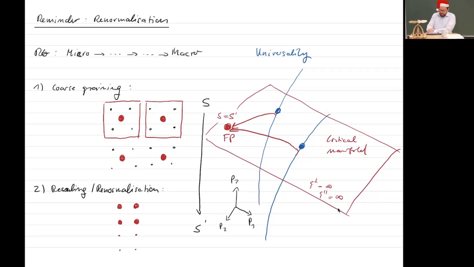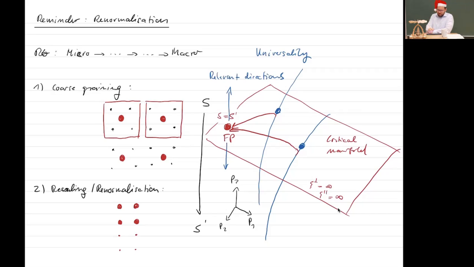And then in the next step, we can take this fixed point and calculate exponents, and we do this by looking into the directions that drive us away from the critical manifold. These are the relevant directions. These are the parameters that experimentalists need to tune in order to bring the system to the critical point.